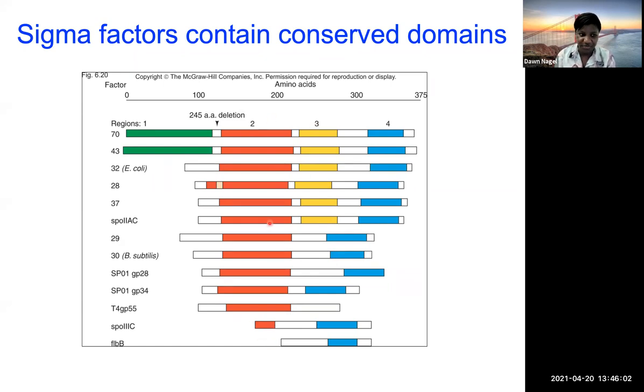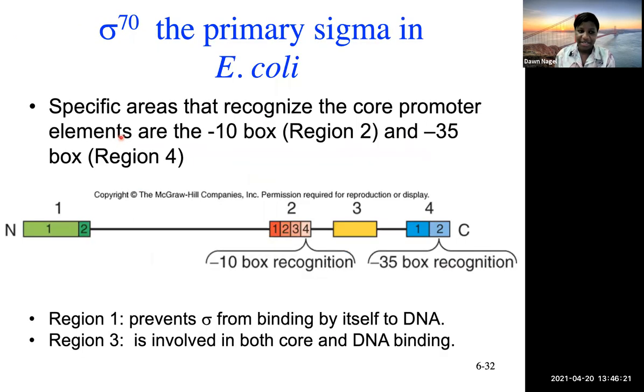So you see that this domain 2, or region 2, is highly conserved and present in many different bacterial species. You also have this blue region that's present in many different bacterial species. The one that we mostly focus on in E. coli is sigma factor 70, and this sigma factor 70 is the primary sigma factor used in E. coli.